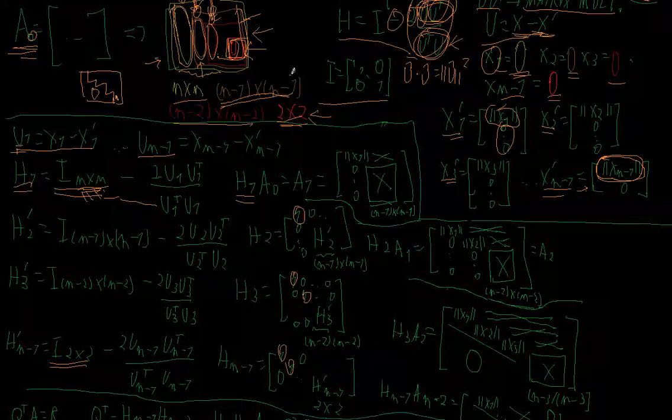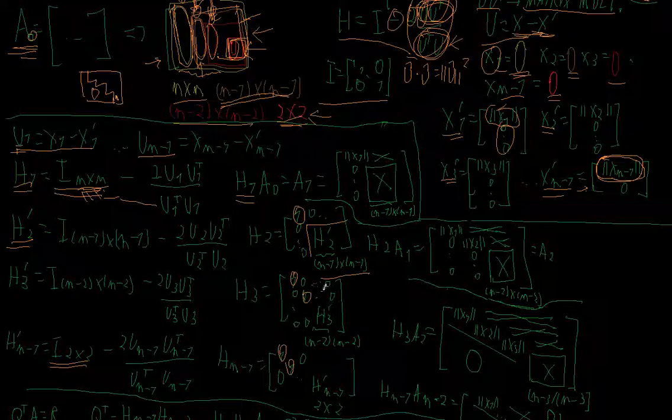Okay, the first time you will have an n minus 1 by n minus 1 submatrix. So you will plug in your Householder transformations in those lower dimensions at the place of this first submatrix here, and then you will fill in a 1 in the diagonal and 0 elsewhere.